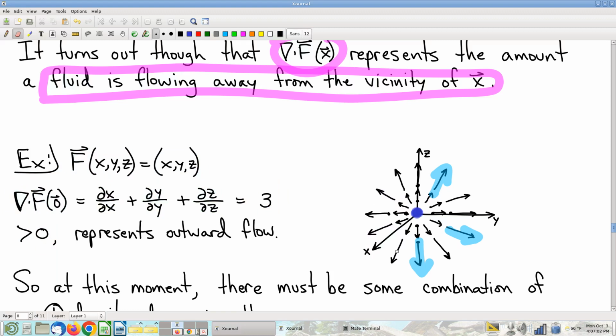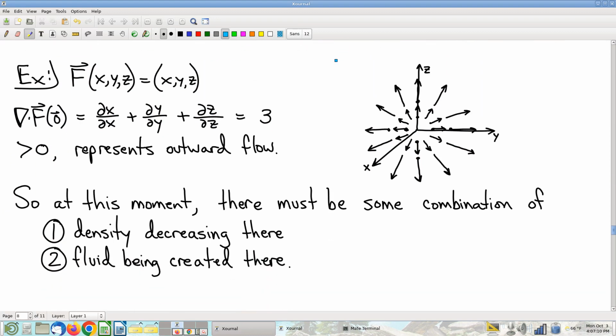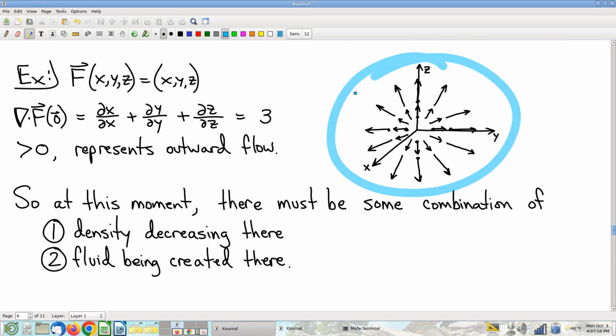Before we go on to the next example, I want to get my eraser to work. There we go. Talk about the physical interpretations. So keep in mind, we're interpreting this as a fluid. So given that this is representing a fluid flow, we've got this positive divergence, so there's fluid flowing away from there.